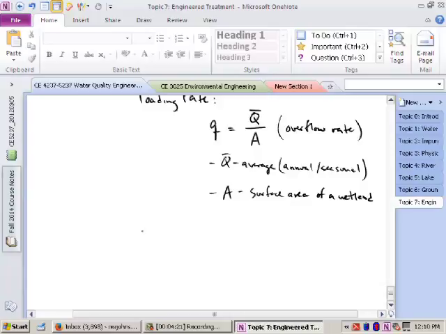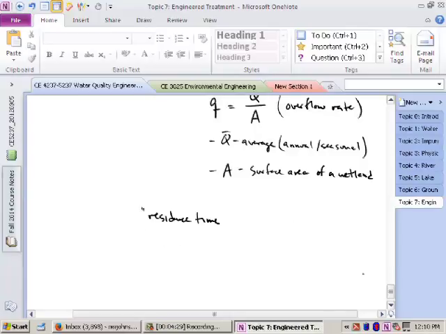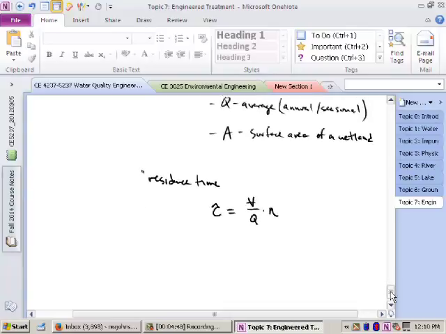Another hydraulic consideration is the residence time. The residence time has to do with the volume. So tau, or the residence time, is equal to volume divided by flow, multiplied by the porosity. In this case, N is the porosity.